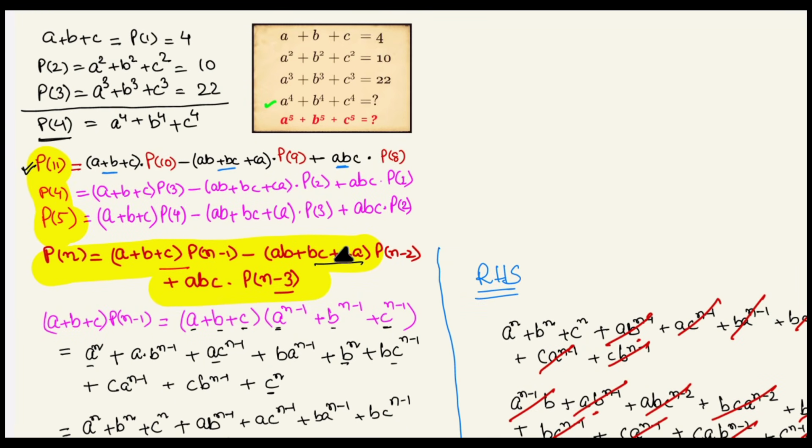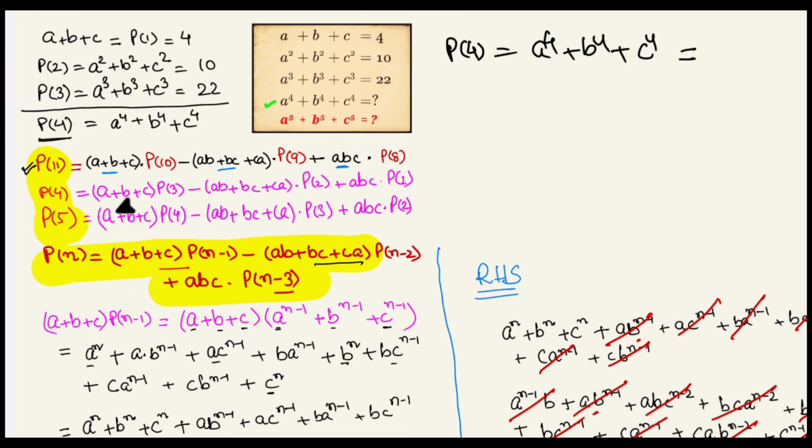So we now know the values of these two coefficients. abc is -2, ab + bc + ca is 3. So we can find all the values. For example, P4 we need to find, which is a^4 + b^4 + c^4.